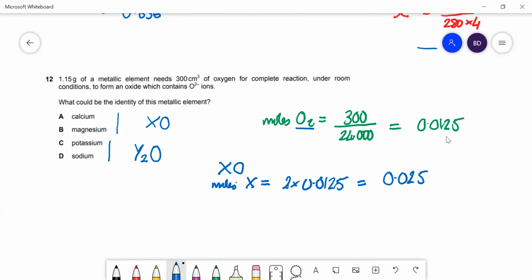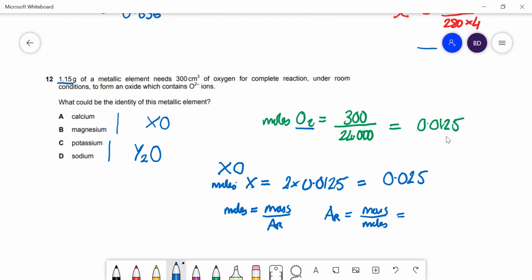Okay, so now we know the moles of the metal. Well, we've got to see, does it fit in with that? Okay, now we know that moles is equal to mass over AR. So let's work out the AR from that. So AR is going to be equal to mass over moles.